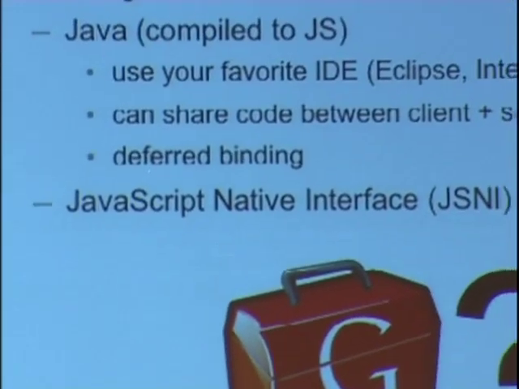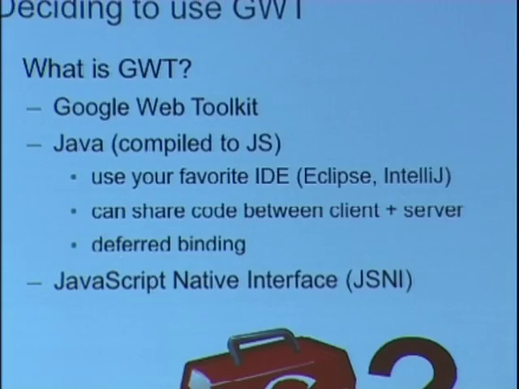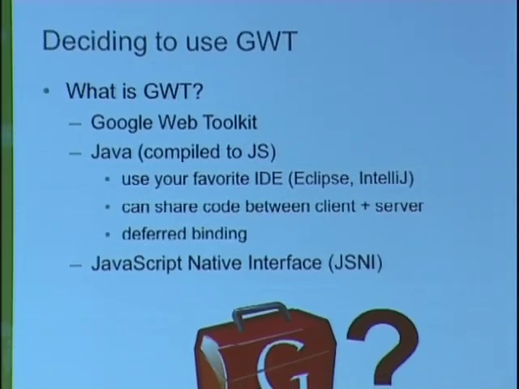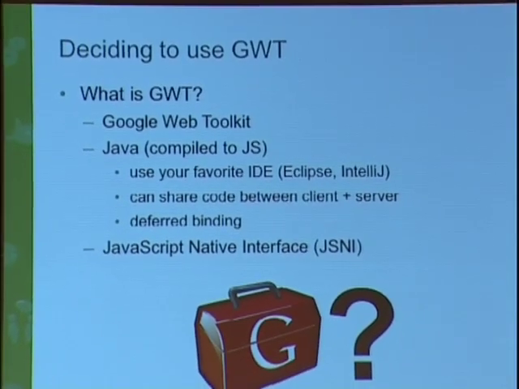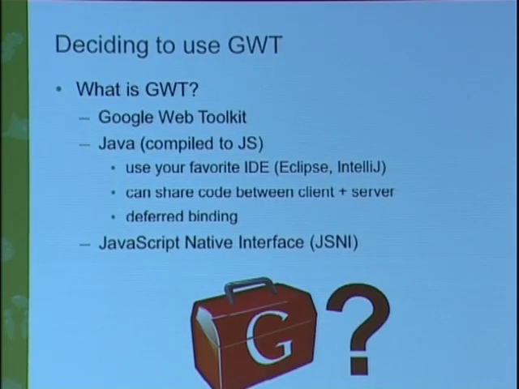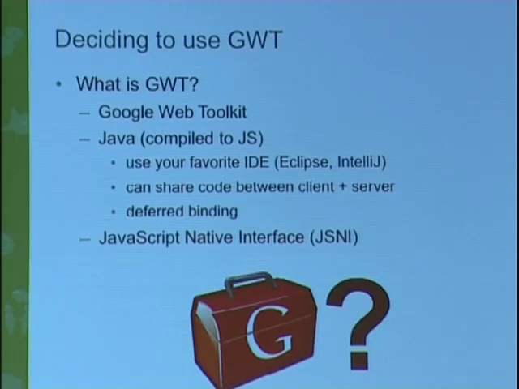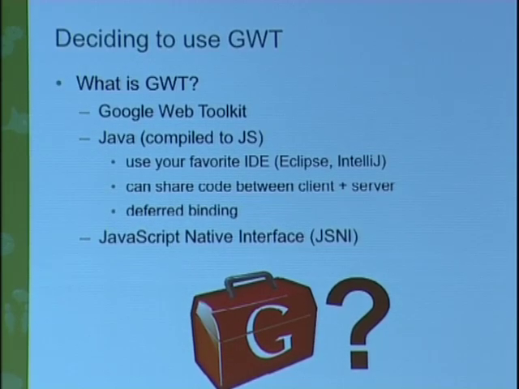So the third big win of using Google Web Toolkit is that GWT has a first-class mechanism called Deferred Binding, and this really lets you manage the complexity. In web applications, there are lots of dimensions for configuration: what browser you're running in, what locale you're in, whether or not Gears is installed, what operating system you're on.